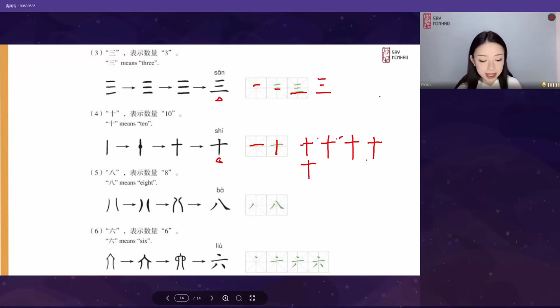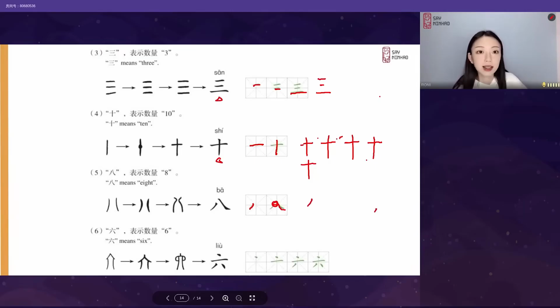Next one is 八. 八 means 8 in Chinese. First, let's see. We will write a left falling, and then write a right falling. And there is a space between them. Don't forget the space, okay? Now let's try to write it ourselves.